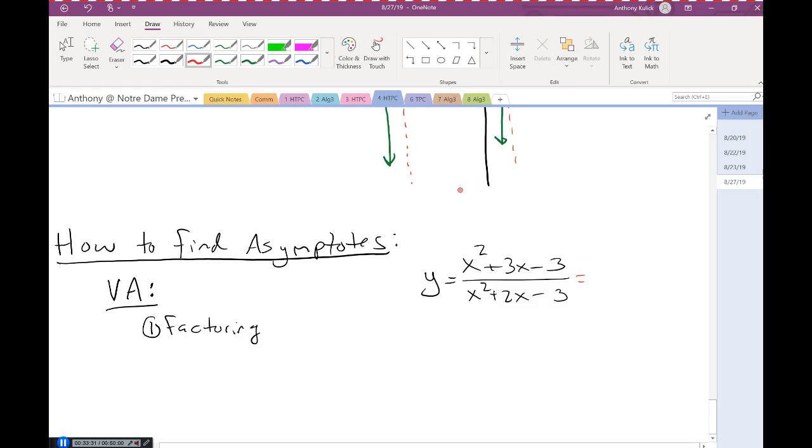So let's look at the numerator first. How do we factor that numerator? So how does that numerator factor?